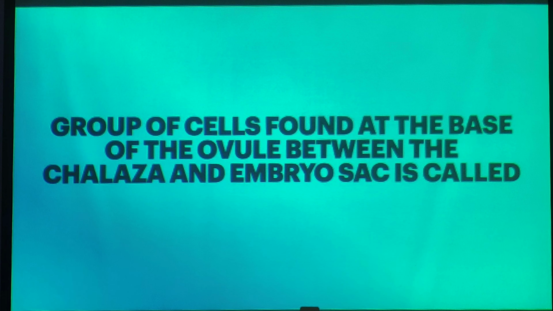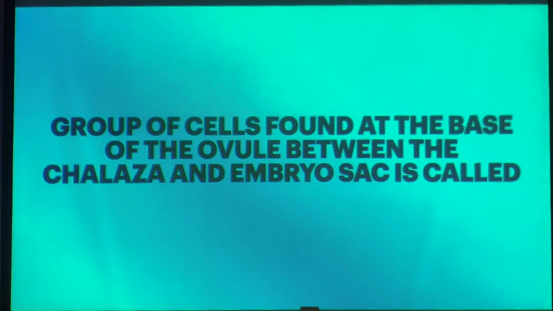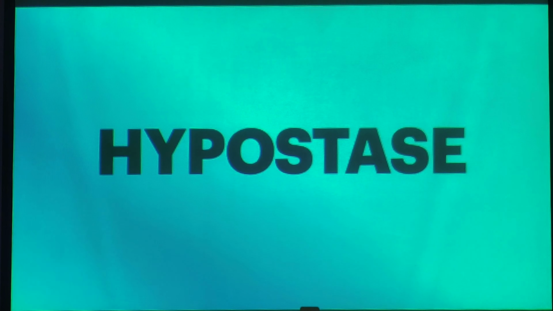Ovules with subhypodermal sporogenous cell is called crassinucellate. Group of cells found at the base of the ovule between the chalaza and embryo sac is called hypostase.